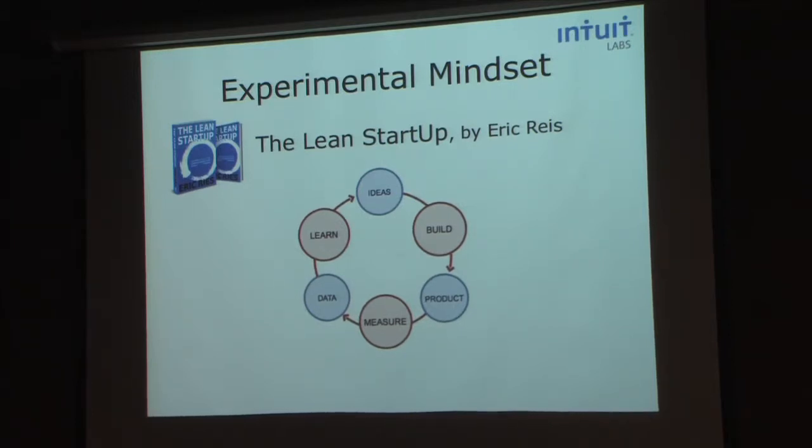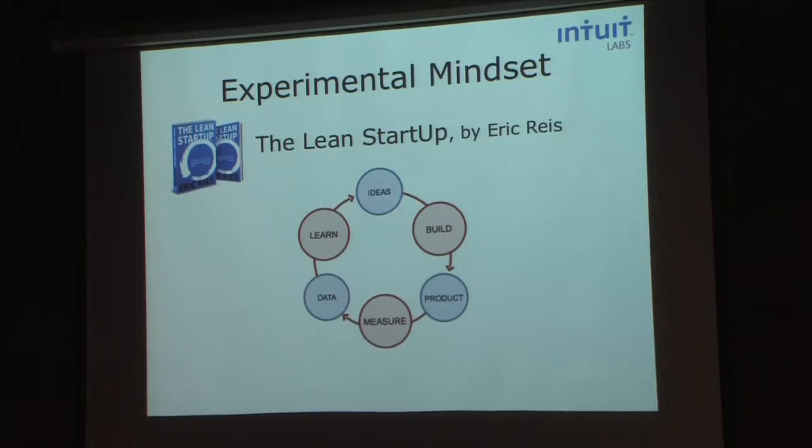So build the smallest thing that you can build to help validate that idea. And after you build, you have a product. That could be a software product. It could be something physical, a prototype that you take to a customer. Just anything that you can use to measure, anything that you can use to validate your idea.